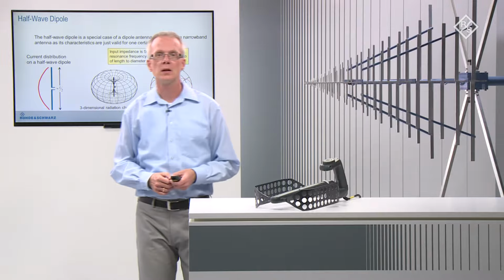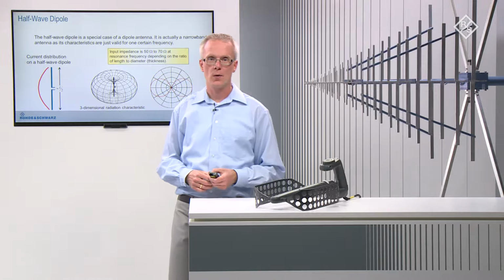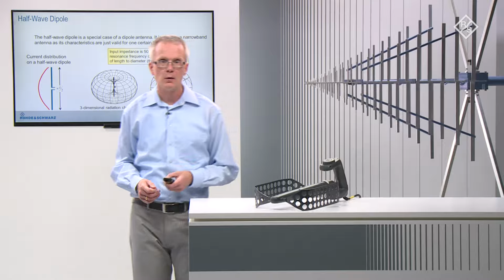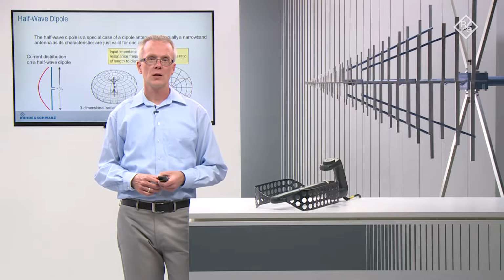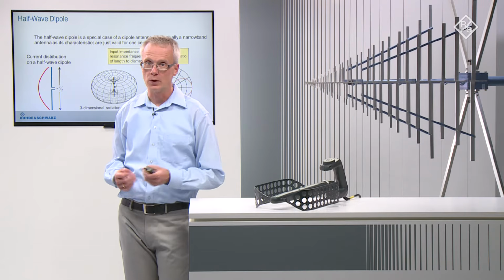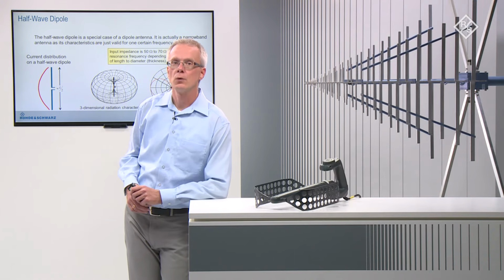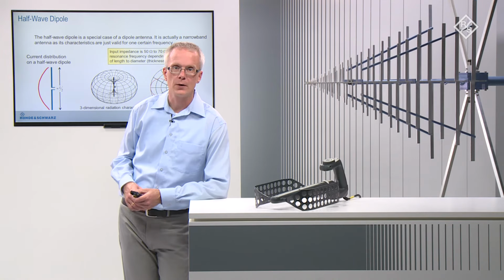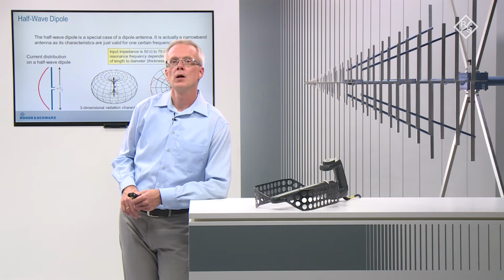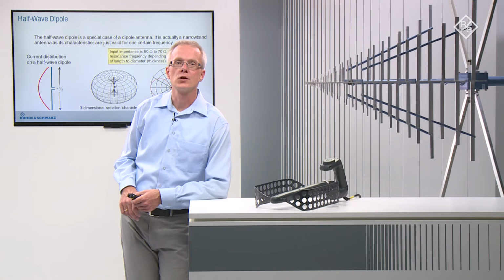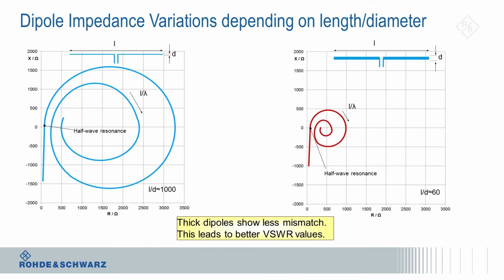This can also be seen in the vertical pattern shown at the right, which shows the classical figure-8 shape. The radiation pattern in the plane perpendicular to the dipole axis, which would be the horizontal pattern in this configuration, shows a uniform radiation. The name half-wave dipole indicates that the antenna is constructed and used for one frequency only.